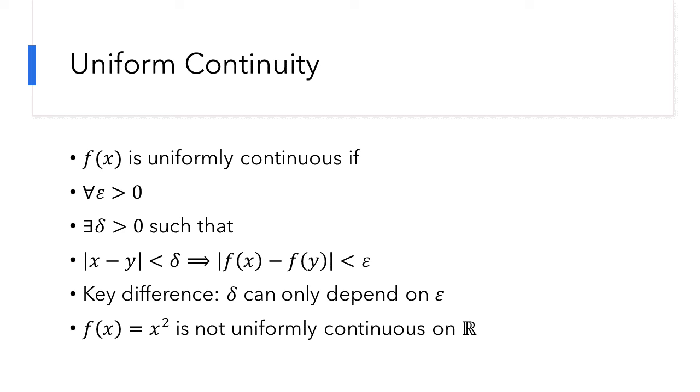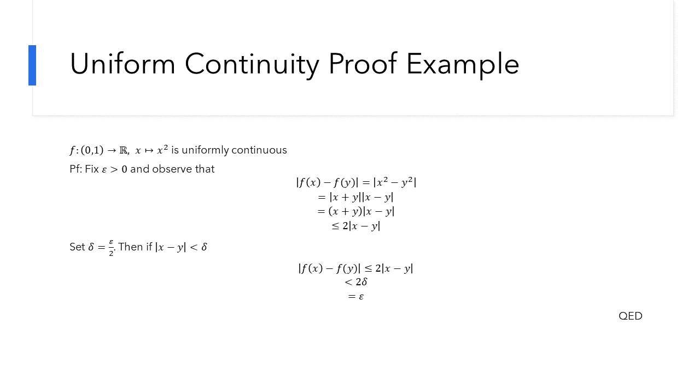The key difference here is that delta can only depend on epsilon, as opposed to, say, the previous proof where delta was also dependent on x naught. So the function f of x equals x squared is not uniformly continuous over the reals. X squared may be uniformly continuous over a smaller interval, however.